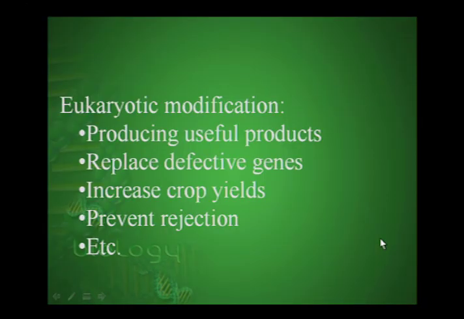And again, we can also genetically modify eukaryotic cells as well, with a thousand reasons why, but certainly one would be to produce useful products. So if we can modify eukaryotic cells, they can express proteins or products of interest to us. We can help, in some cases, disease. We can potentially replace defective genes, and we're still working with that, but there's been some success. In agriculture, there are a number of different applications.